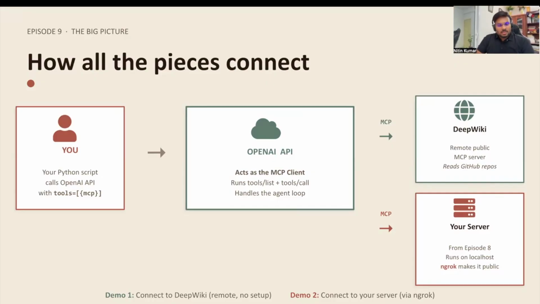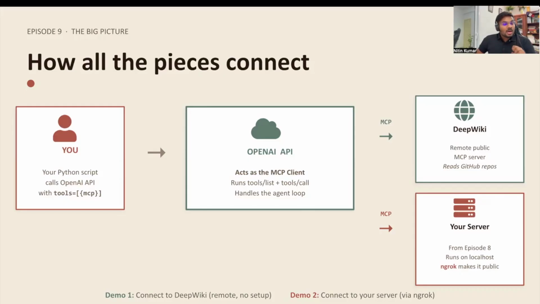Before we touch the code, let's understand the architecture. There are three pieces. First, your Python script calls an OpenAI LLM. Second is the OpenAI API, and that's a sort of new part because OpenAI is going to act as an MCP client today. And third is an MCP server, something like DeepWiki, which we will use for our demo. It's a remote public MCP server that reads GitHub repos.